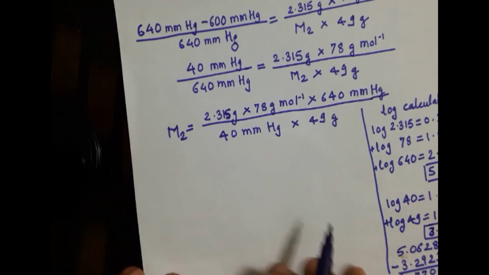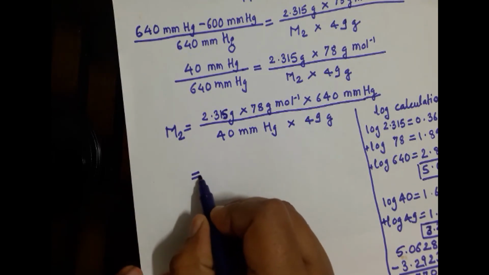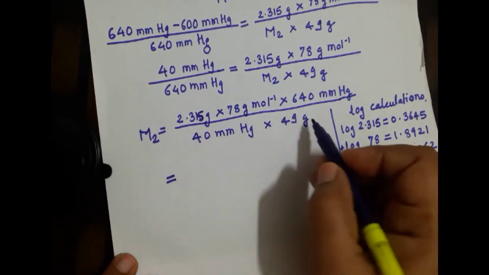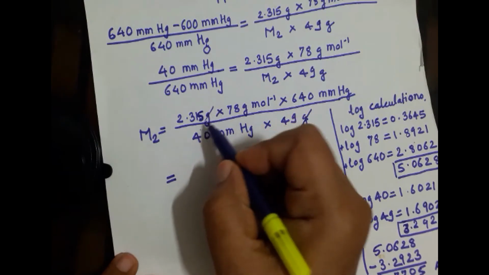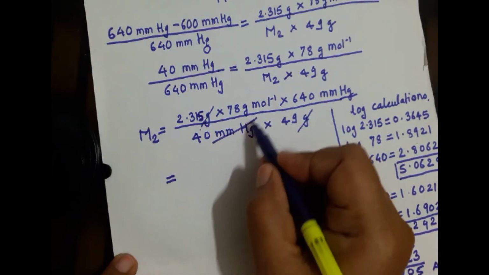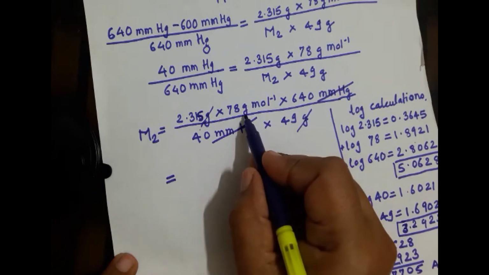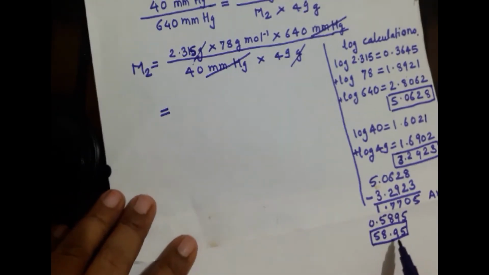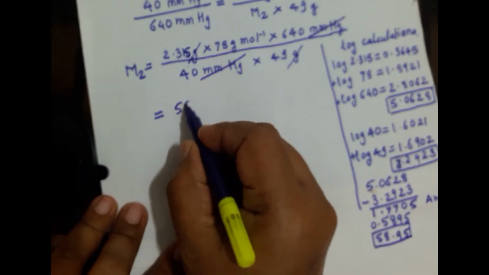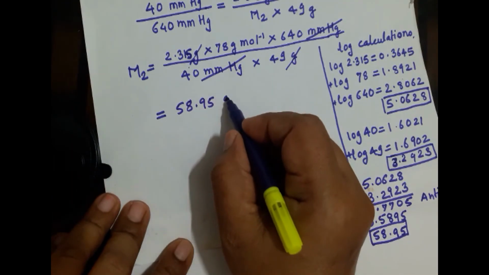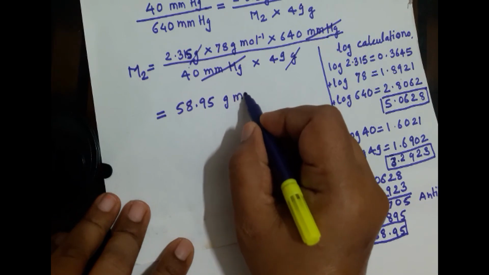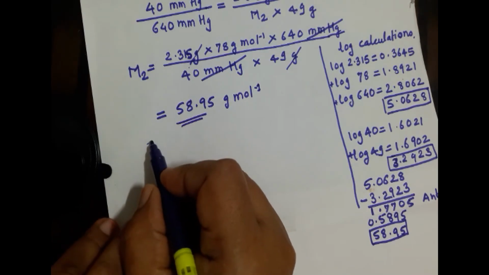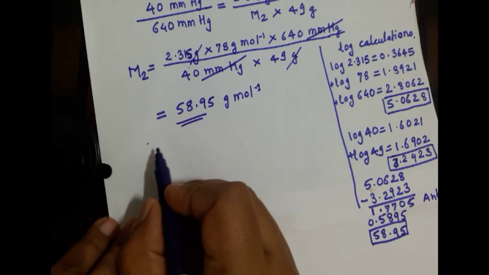Now let me tell you regarding the unit here. So here this gram gets cancelled, this gets cancelled, millimeter Hg gets cancelled with this one, and remaining is gram per mole. So here 58.95, and this unit is gram per mole. So here we can write down, the question was what is the molar mass of solute.